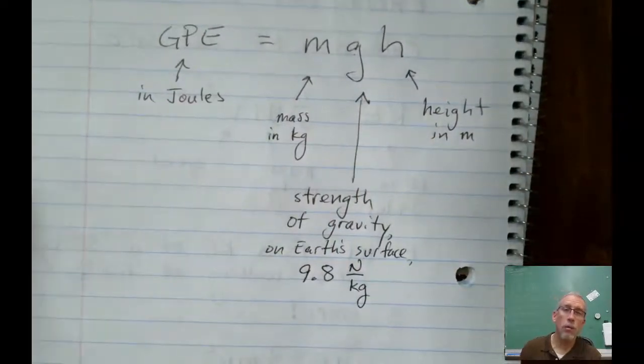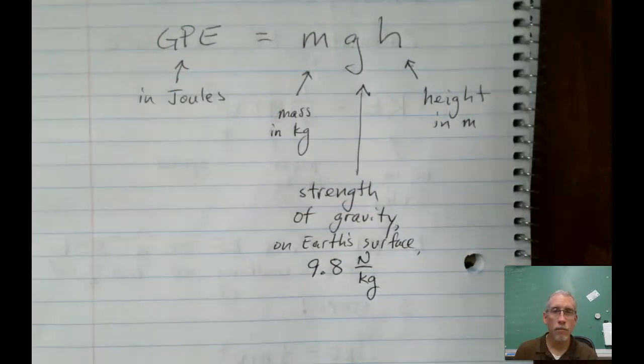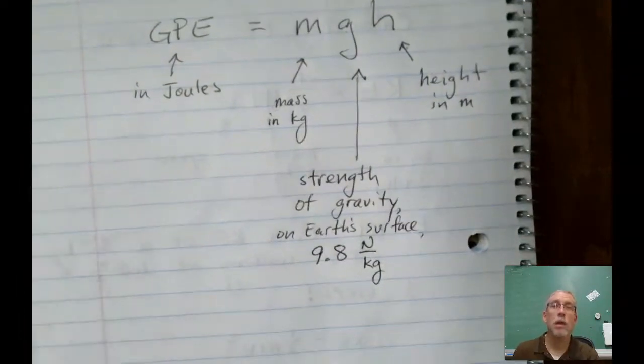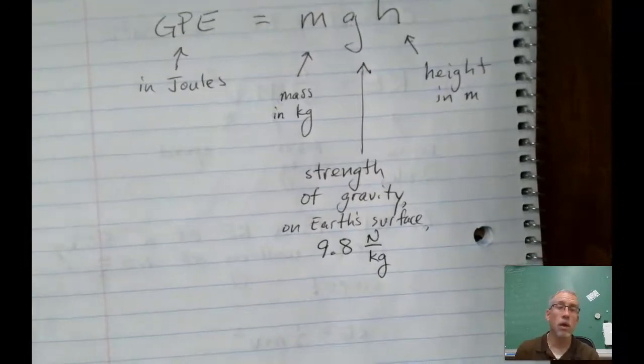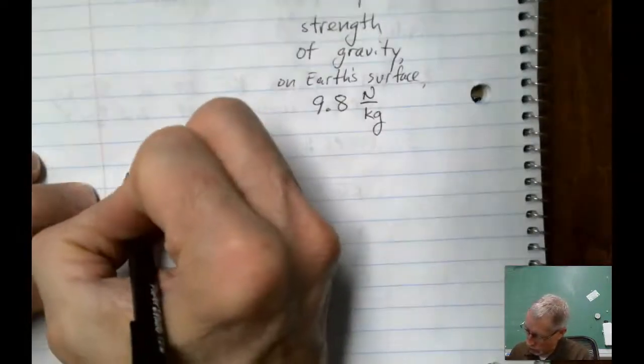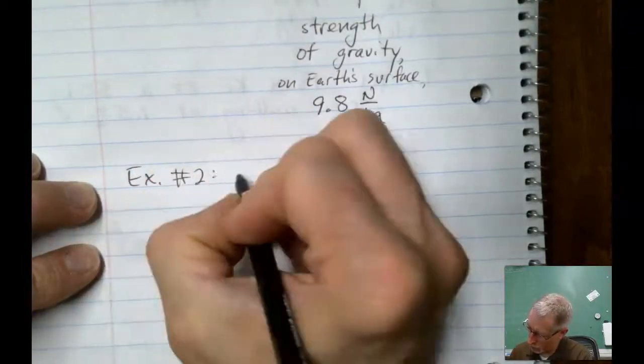Okay, so you got to get the units right in order to end up with the proper number in joules. Okay, so let's take this same 50 kilogram person and have him climb a ladder that's maybe 2 meters. 2 meters would be kind of high, but let's imagine he's 2 meters high. So example number 2.